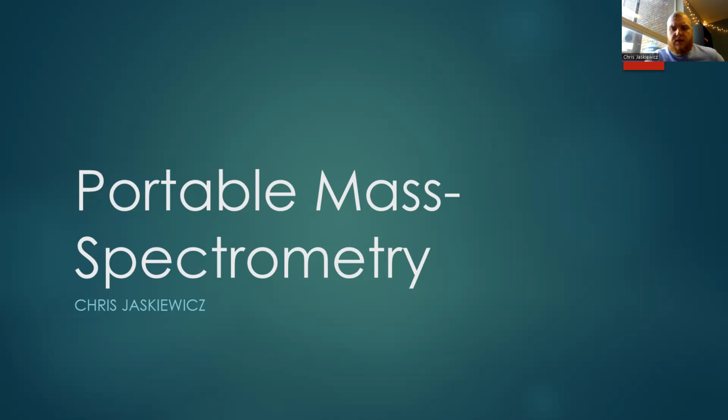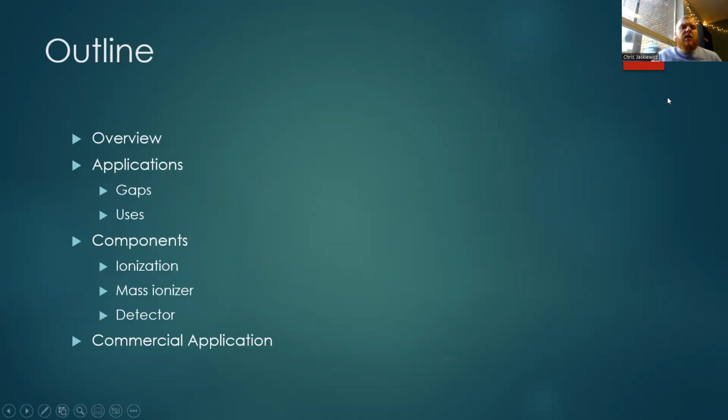So let's talk a little bit about an overview here. So just a little outline. We're going to go over the overview of what this presentation is going to be like. We're going to talk about some of the applications. Where are we finding some of these gaps? Why is this helpful? The uses that we're then going to apply it into, and then the components that we're going to hop around. So that's going to really be the main, bare bones aspect of this characterization of the mass spec here.